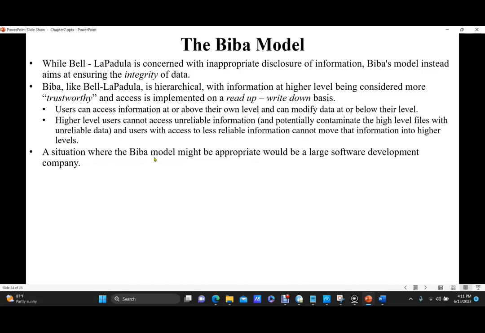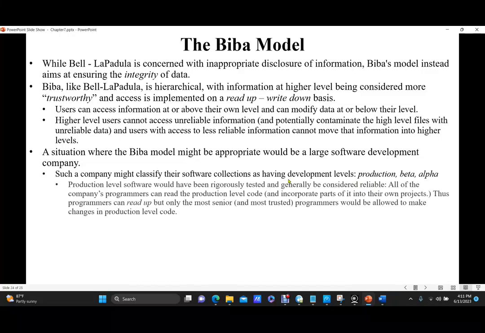A situation where a Biba model might be appropriate would be a software development company. Such a company might classify their collections of data as production level, beta level, alpha level. Production level software would have been rigorously tested and would generally be considered reliable.